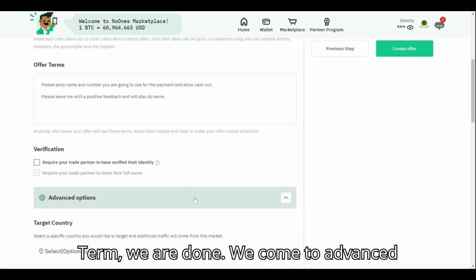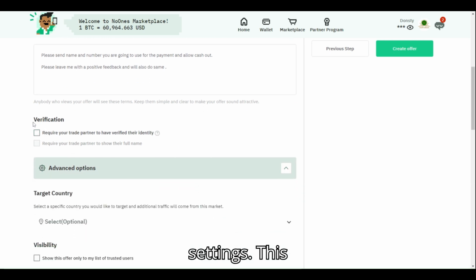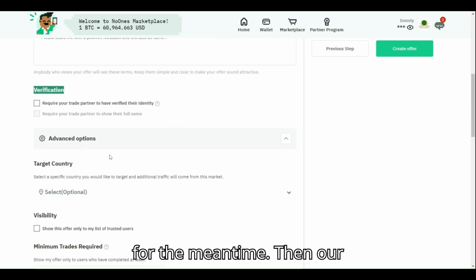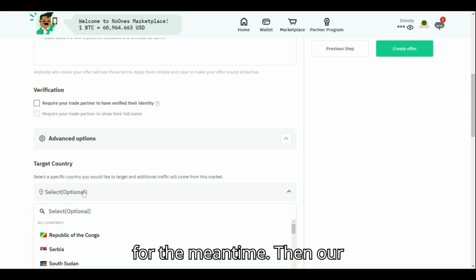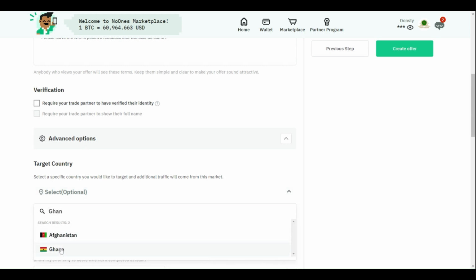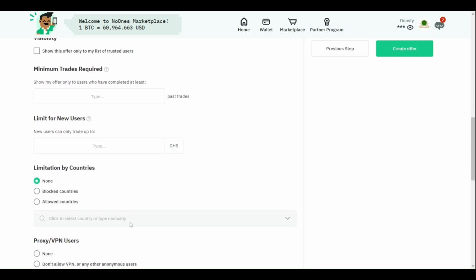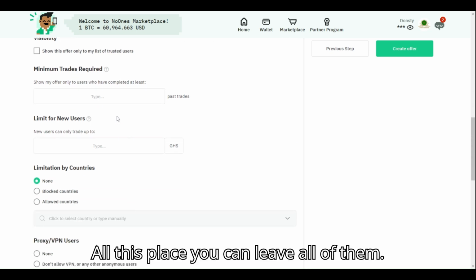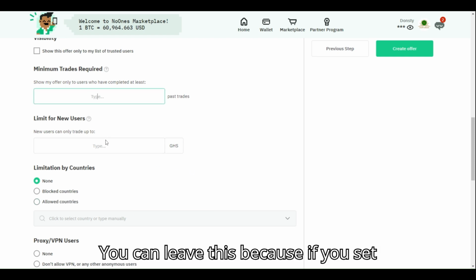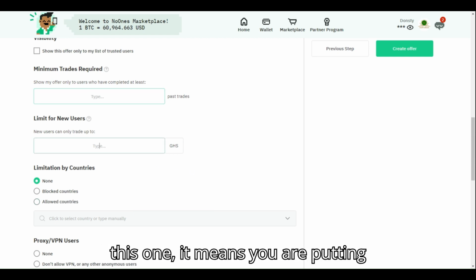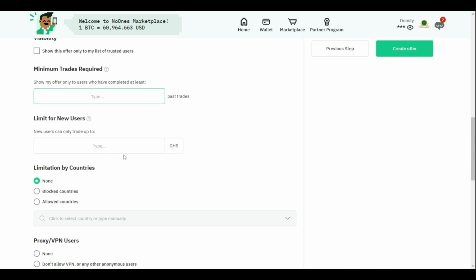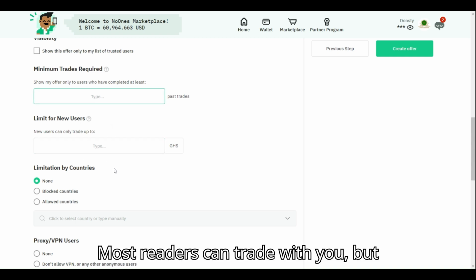We come to advanced settings. This verification here, you can leave that for the meantime. Then our target country is going to be Ghana. All these other places, you can leave all of them, because if you set them, it means you are putting restrictions on your offers, limiting which traders can trade with you.